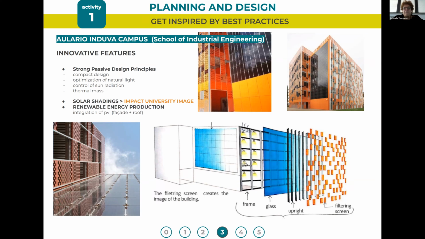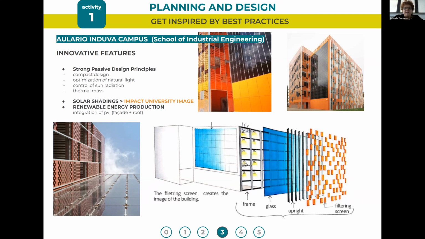The solution proposed is very innovative, very advanced, because they proposed a strong passive design principles, with a compact design, optimizing the natural lighting, but especially introducing some shading elements, so optimizing the solar radiation control, and of course increasing and implementing the thermal mass, so the performance regarding the thermal insulation benefit.